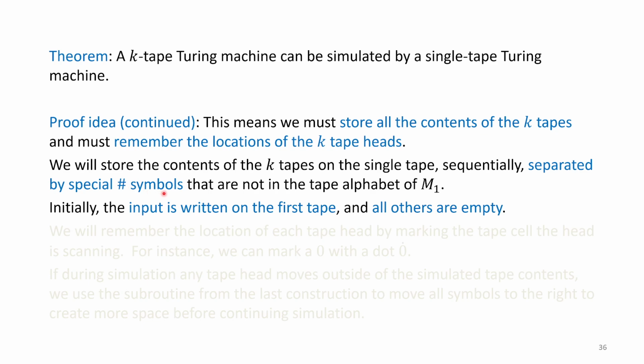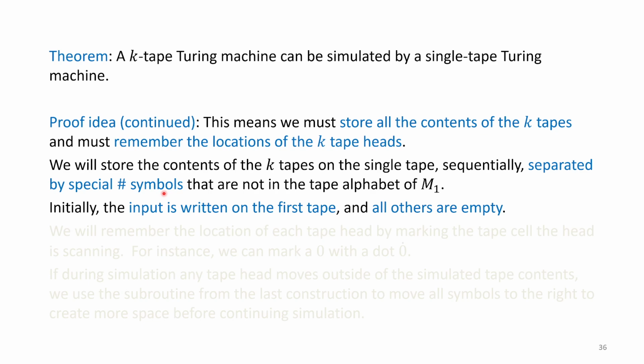At the beginning, we're going to have to start by adding a bunch of hash symbols to our tape. Our input is already on the tape. We'll probably go to the end of the input, which marks the end of the first tape, and then we'll put a hash, and that will mark the beginning of the second tape. And then we could, if we wanted to, put some blanks in there, because we know that at some point we're probably going to be simulating and doing something on that tape.